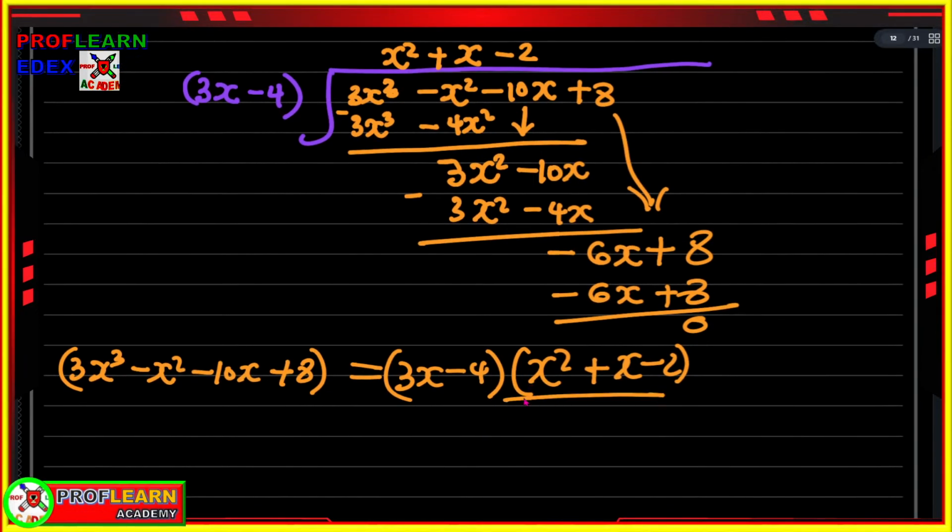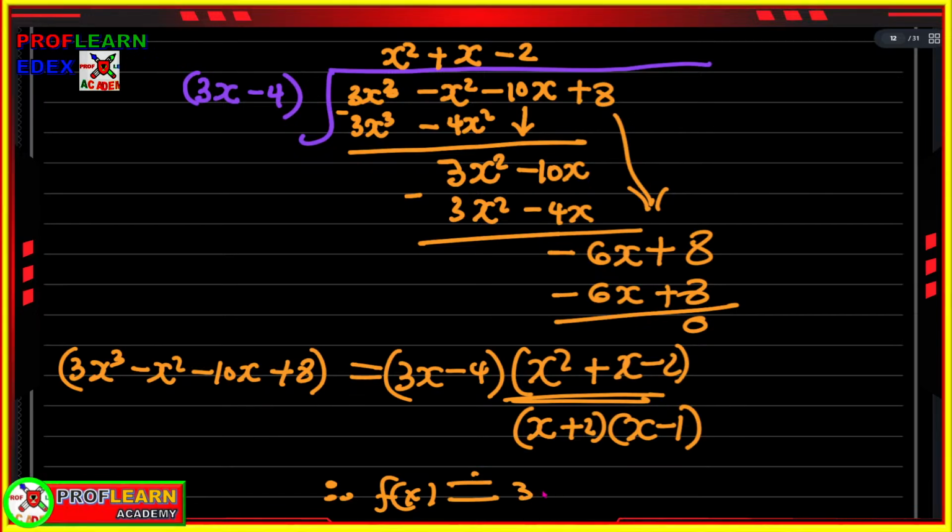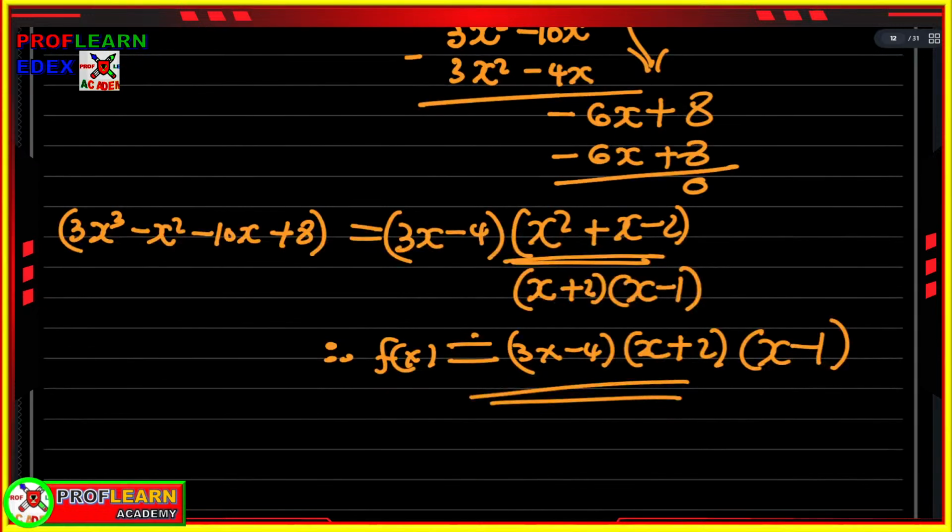If you factorize this, it has to factorize to x plus 2, x minus 1, and therefore our f of x is now fully factorized as 3x minus 4 into x plus 2 and x minus 1. And that is the expression that is fully factorized, and that's what you are expected to have at this given point.